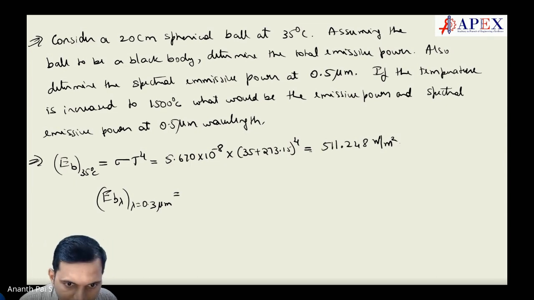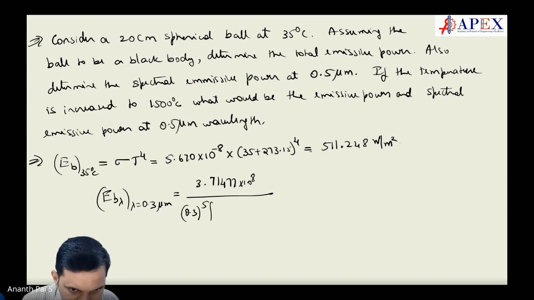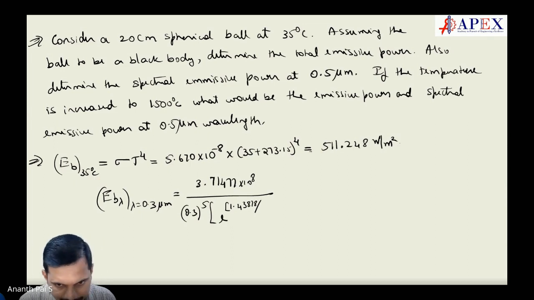So you can write 3.71477 into 10 power 8, which is C1, divided by lambda, 0.3, to the power 5, into e power C2. C2 is 1.43878 divided by lambda, which is 0.3.